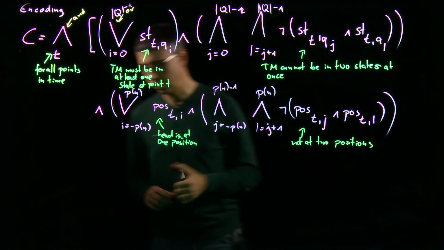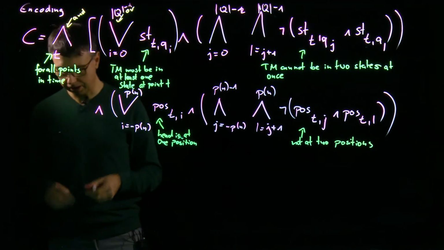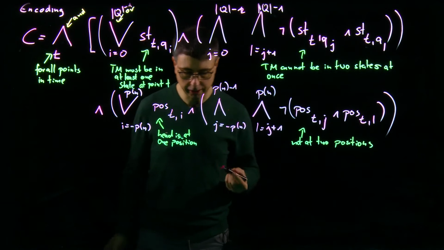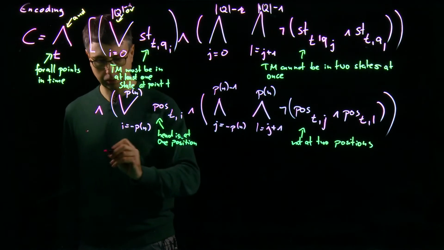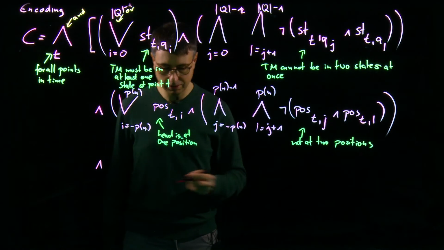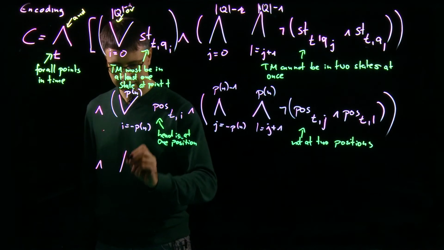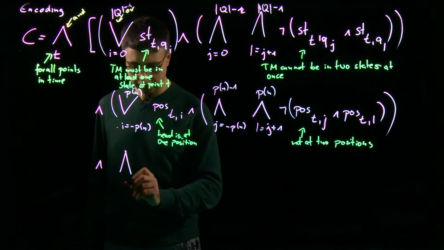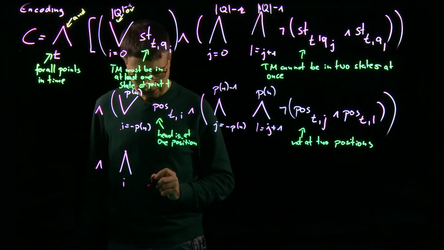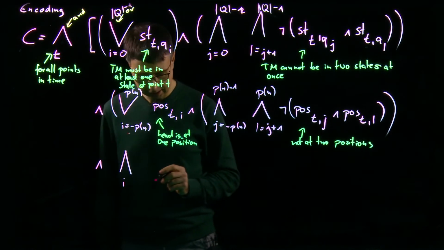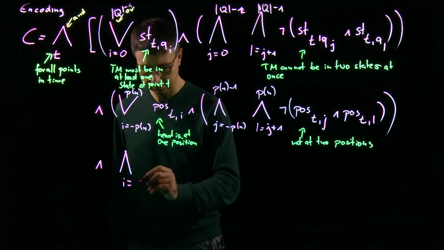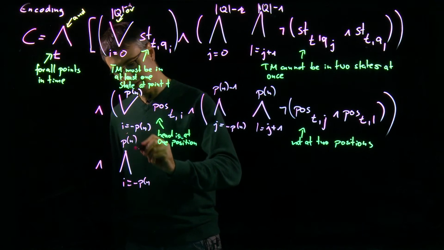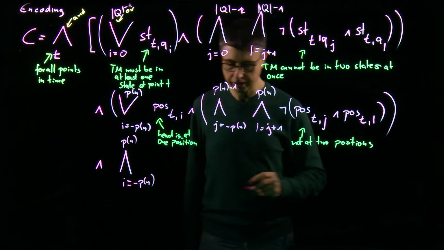Okay, now we have encoded the positions, and now we do the same thing for the tape contents. There can be only one letter on the tape, so we have to add even more formulas. So we have to add again that for all i's from minus p of n to plus p of n. So for all positions, these are the positions on the tape.